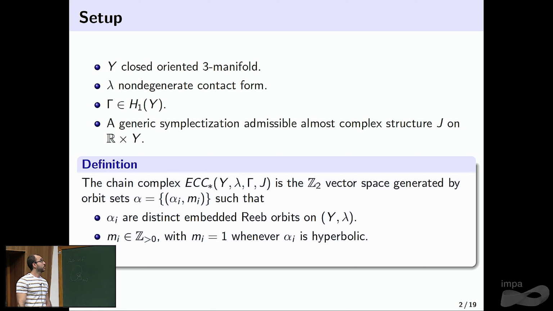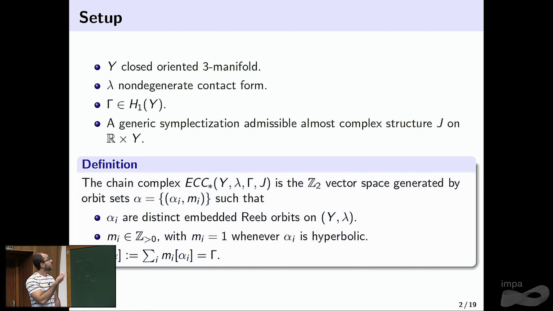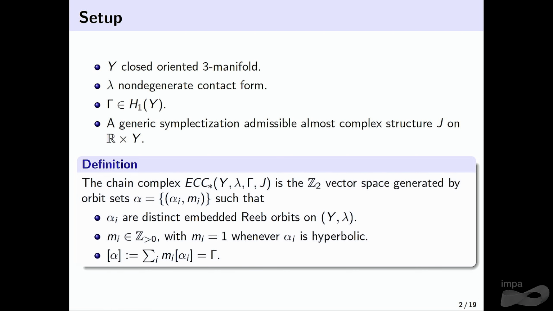And m_i should be 1 if alpha_i is hyperbolic. In this definition, hyperbolic means the eigenvalues of the linearized Poincare map live on the real line. And also, we fix the singular homology class. So the total homology class of alpha, which is the sum of the homology classes of the orbits counted with multiplicities, should be gamma.